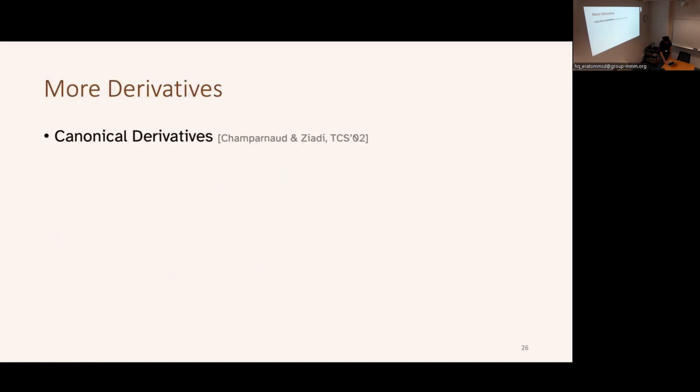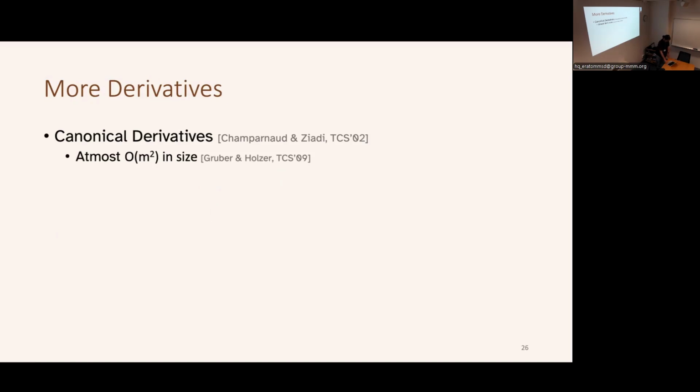So there are other notions of derivatives which people have looked at, and some of them keep the size small, and maybe they would be a good candidate for formalization, especially if we want our algorithm to be efficient as well. There is this notion of canonical derivatives.